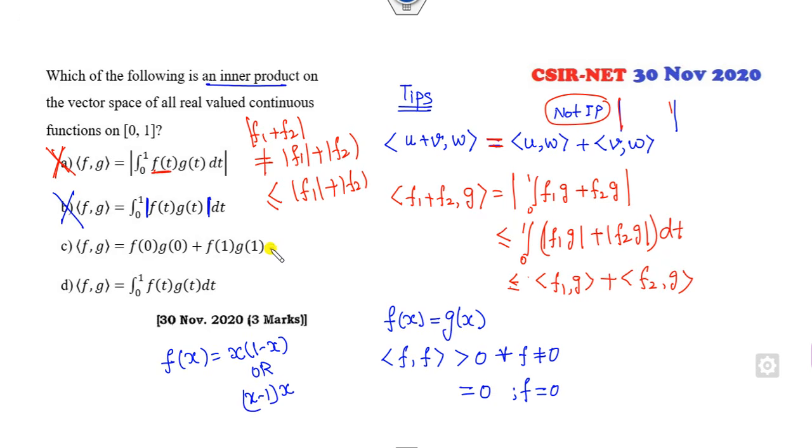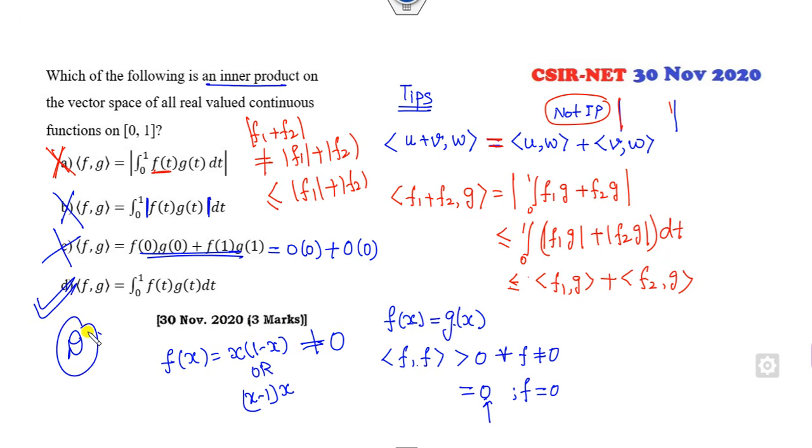So what is the value of the right hand side? What is f of 0? 0. g of 0, because f and g are both the same, 0, 0. So this value is 0, that is, this property is satisfied, but f clearly is non-zero, so it means this property is also not satisfied. The right answer is D, the correct option.